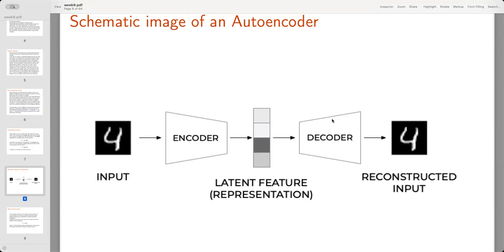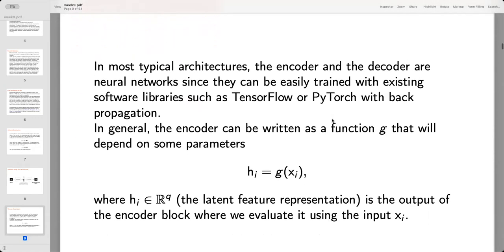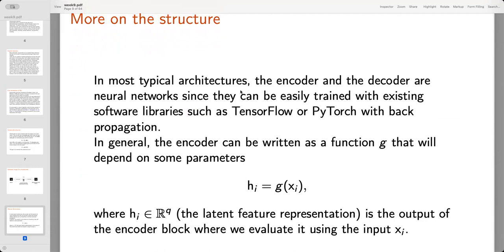So the typical schematic output is something which we now can decode in typical architecture. In most architectures, the encoder and the decoder are typical neural networks, and they can easily be trained with existing libraries such as TensorFlow, with Keras and PyTorch, etc., with backpropagation. So the backpropagation algorithm pops up again and again, as we have been discussing throughout the semester.